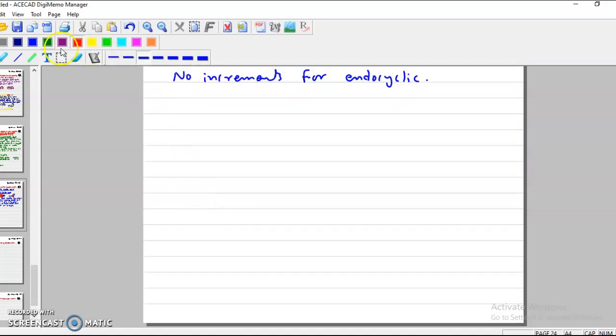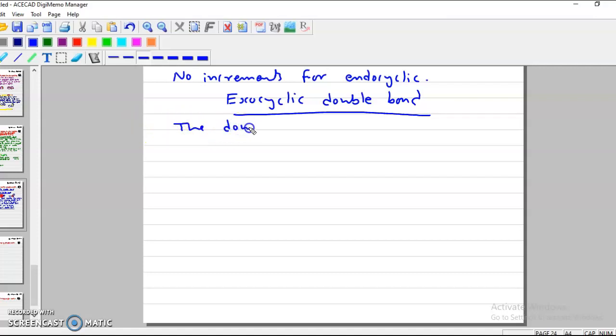Now for us the most important is exocyclic. So how is an exocyclic double bond formed? First thing, the double bond should be the part of the system, the diene system.